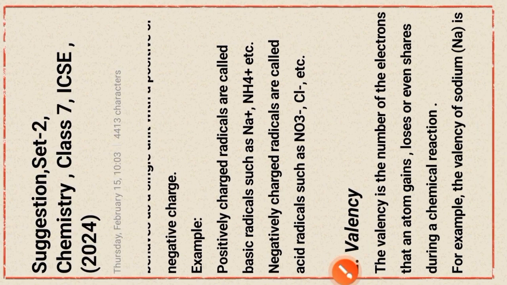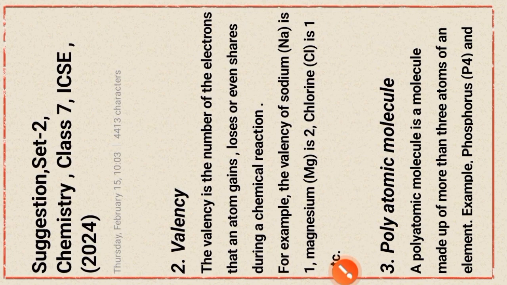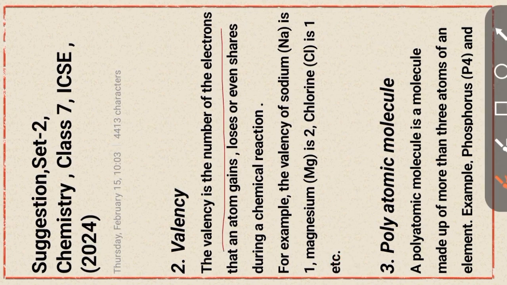Okay. Next term, valency. The valency is the number of electrons that an atom gains, loses, or shares during a chemical reaction. For example, the valency of sodium Na is 1, magnesium 2, chlorine 1.